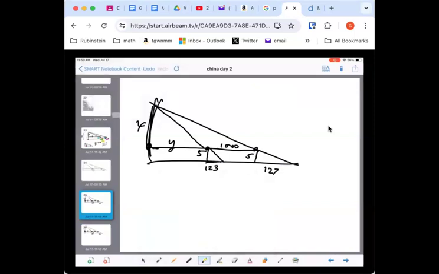So first I want you to notice this yellow triangle and this yellow triangle are similar triangles. By similar triangles, I mean they have the same angles. Of course, they both have a right angle. And you can kind of see, without getting real official here, this angle seems to be equal to that angle.